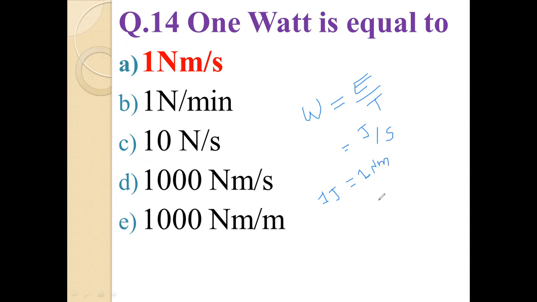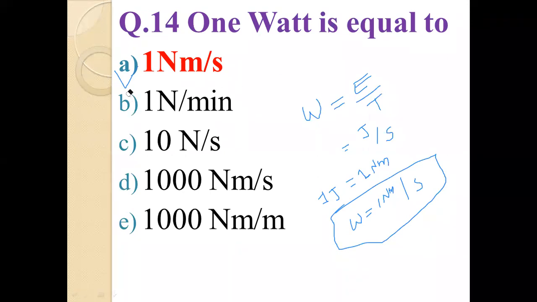Then the SI unit of the watt is equal to 1 Newton meter per second. See, this is the relation: 1 watt is equal to 1 Newton meter per second. So option number 1, 1 Newton meter per second, is the correct answer.